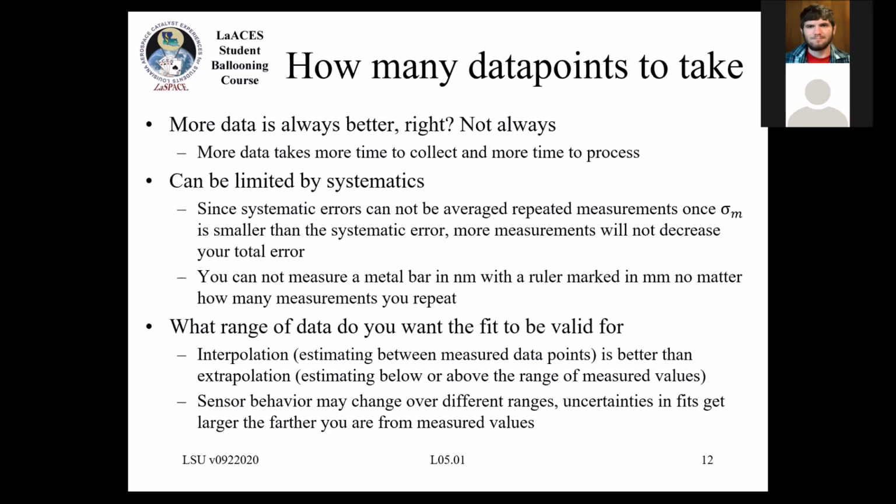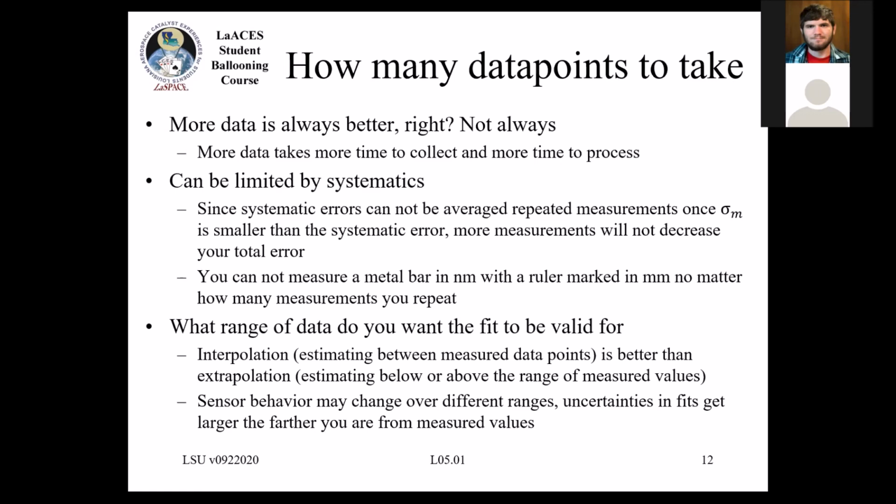Additionally, you want to think about what is the range of values you want your fit to be valid for. In general, interpolating between data points is more accurate than extrapolating, which is when you try to extend your model past either below the range or above the range of the actual values you measured.